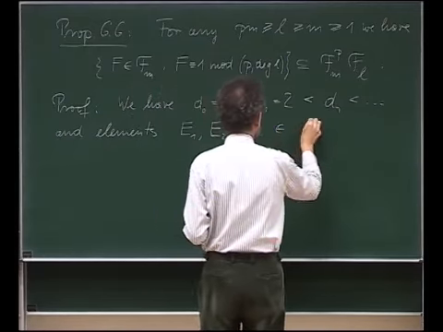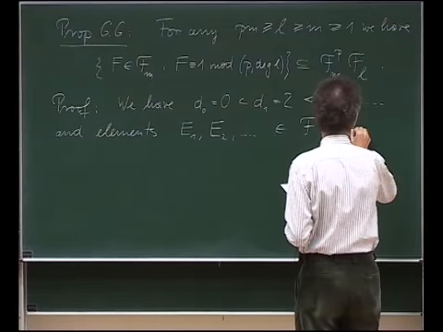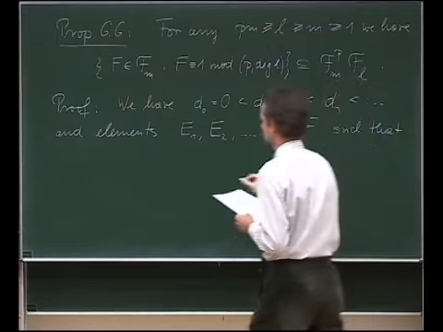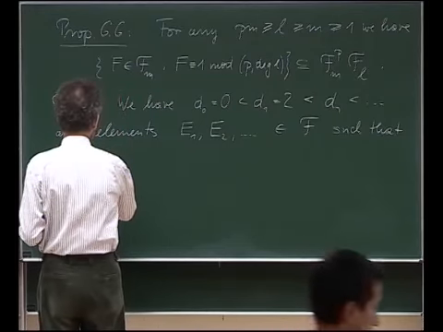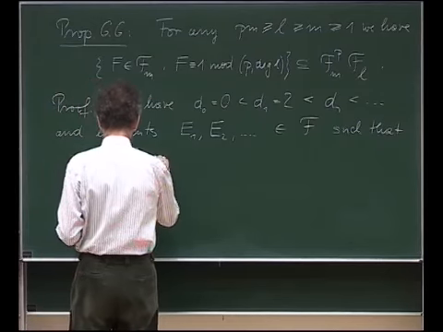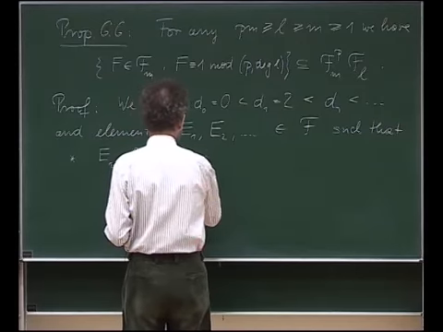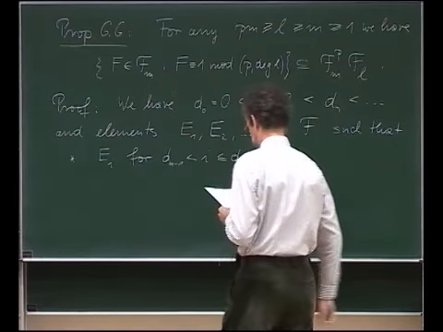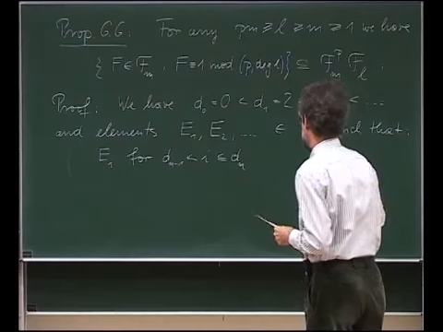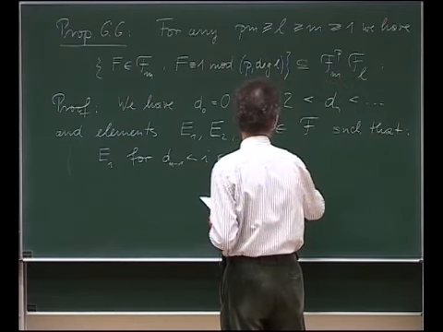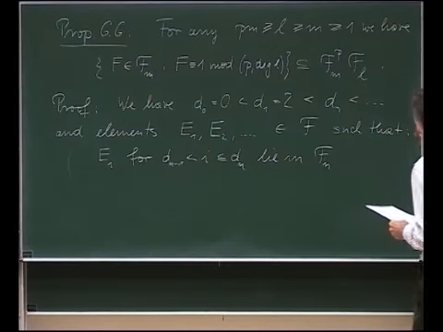And elements, which I denote by E, I start with 1, E1, E2, and so on in F, so the E_i for i between d_{n-1} and d_n.